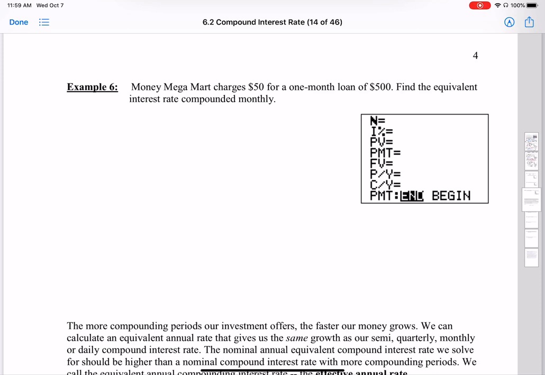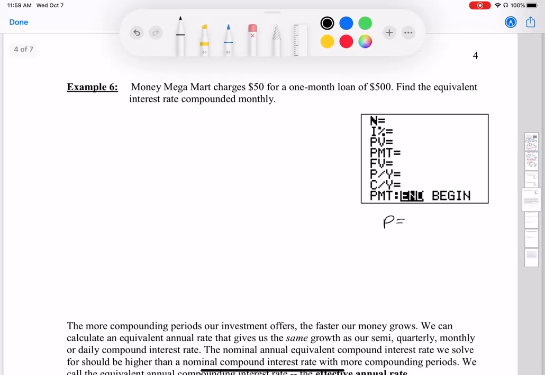So example 6 says, Money Mega Mart charges $50 for a one-time loan of $500. Find an equivalent interest rate compounded monthly. All right, so what do we know? We know that we've taken out this loan for $500. We know that when we pay back this loan, we have to pay back the $500 plus a $50 fee.